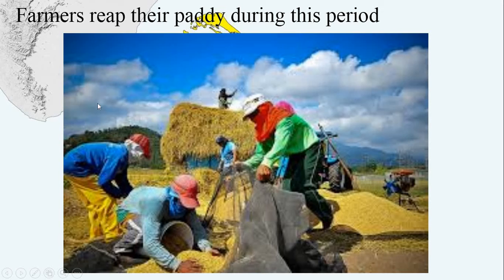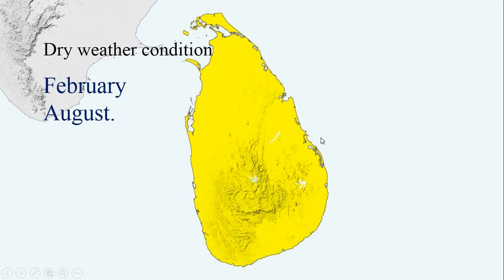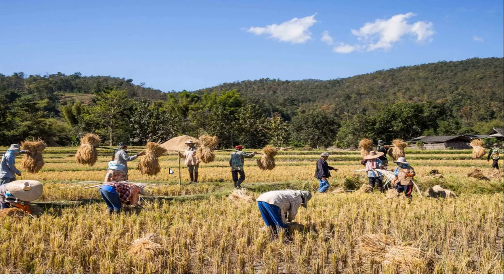Here, how the farmers reap their paddy during February and August. So February and August, these months are crucial for the farmers in our country.